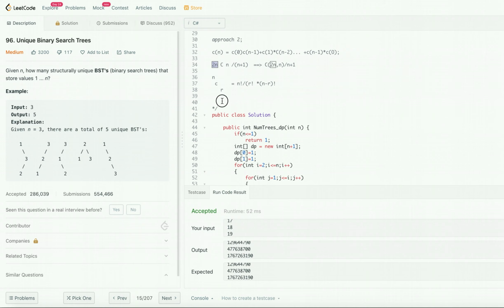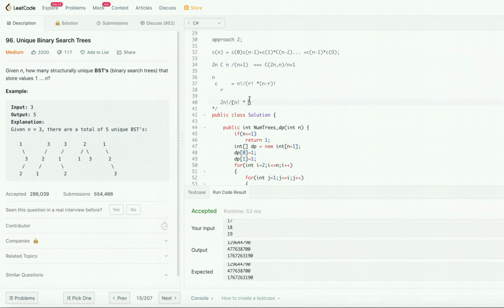That means it will become 2n factorial by r factorial, r is n, so n factorial, into n minus r factorial, n is 2n, r is n, 2n minus n is n.